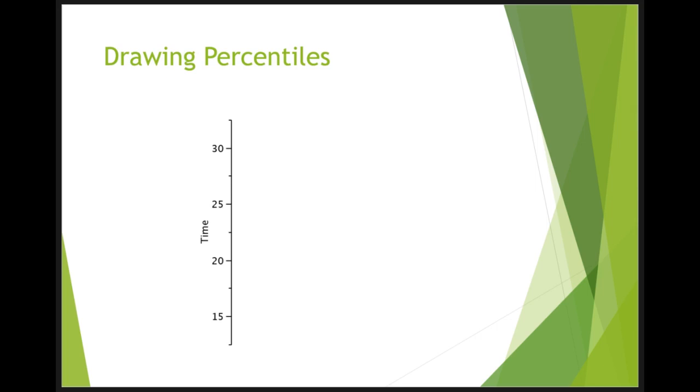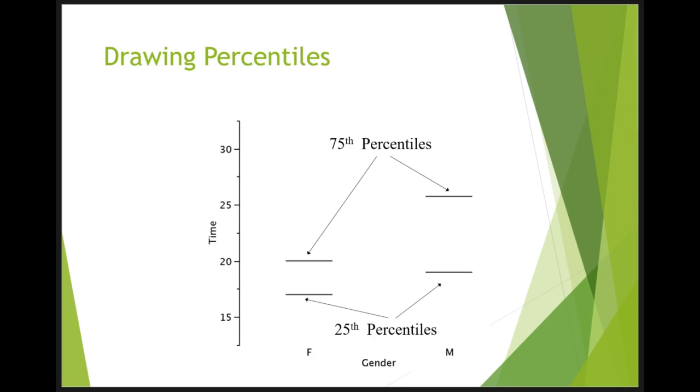There are several steps in constructing a box plot. First, we draw the y-axis. Then we draw lines representing the 25th and 75th percentiles for each gender. Thus, for each gender, the lower line is the 25th percentile and the upper line is the 75th percentile.